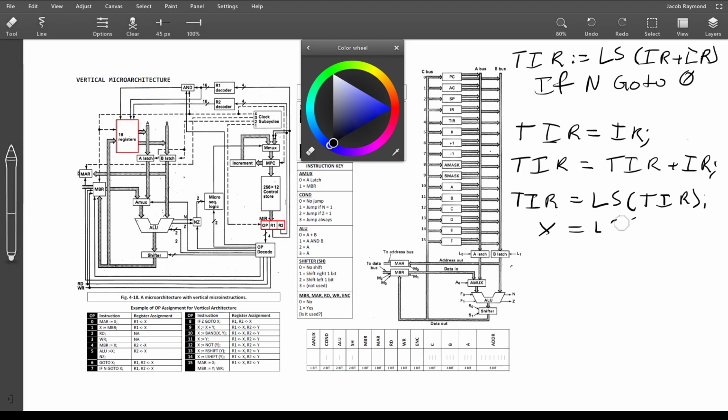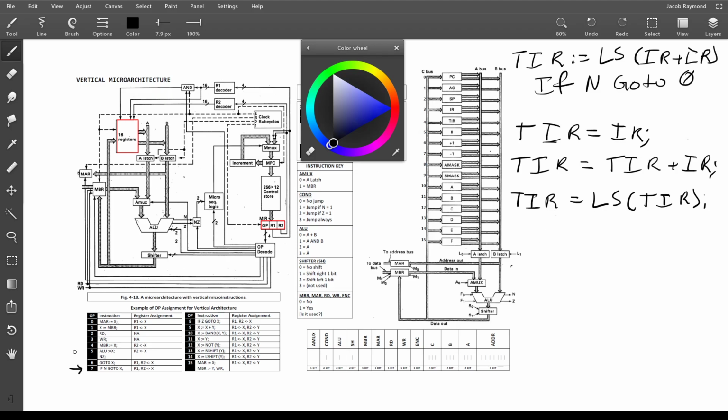So this still fits the pattern of operation 14. Then we have to do the whole if N go to 0, and we do have an operation 7 here that can do that. But with the vertical microarchitecture, it's important to know that the N and Z flags don't automatically get set for anything.